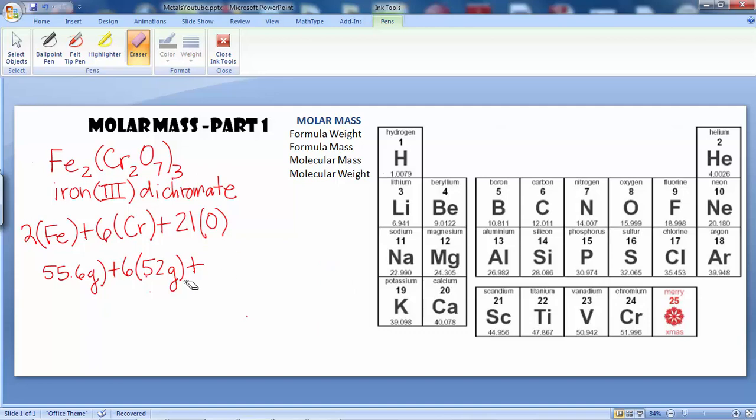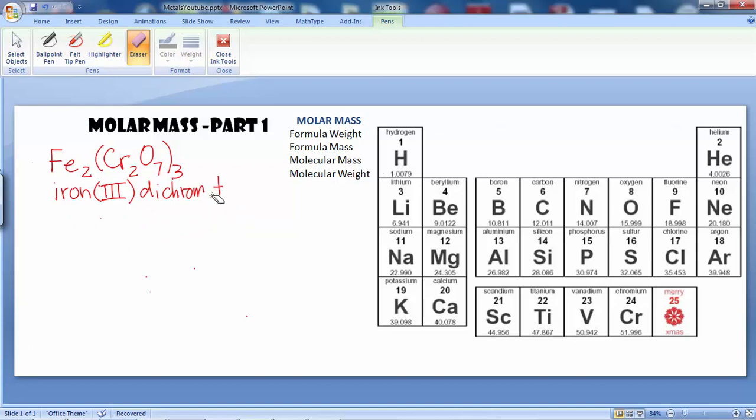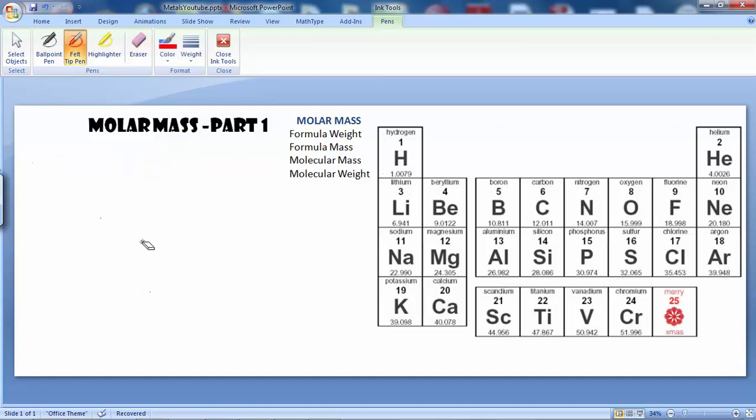Go back and forth from grams to moles and from moles to molecules, and we've gone from molecules to moles to grams, and we've gone from grams to moles. So this rather short and simple video was to show you how to calculate the molar mass of a compound.